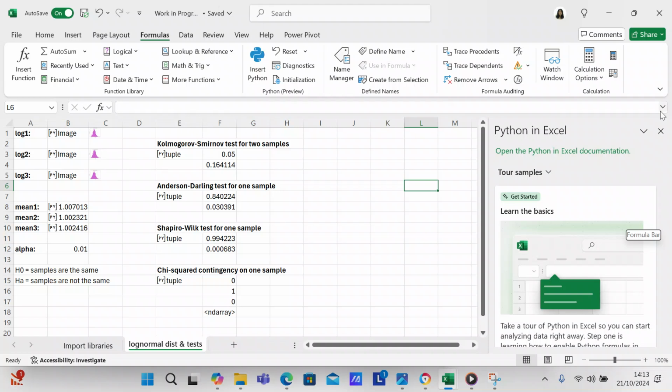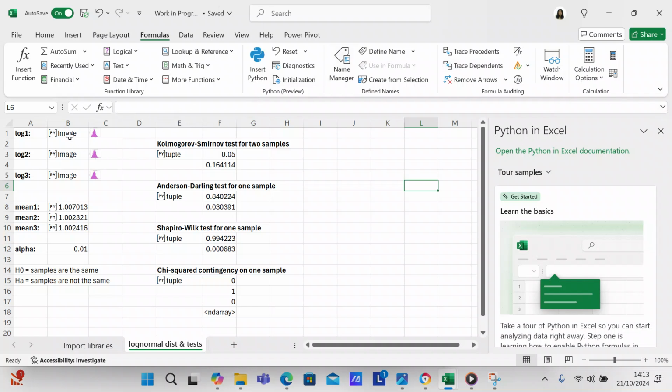The Shapiro-Wilk is another test, and the chi-squared contingency is another test. I've had problems getting the Shapiro-Wilk to work, and I've had problems with the chi-squared test. But I went ahead and included these tests in this video so I'll give you some experience with the code and experience with working with the tests.